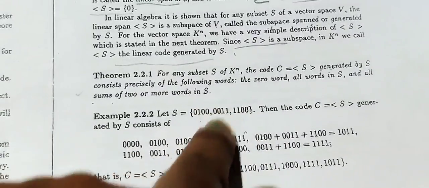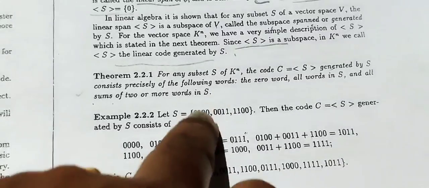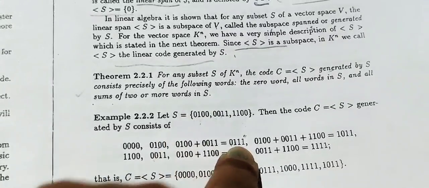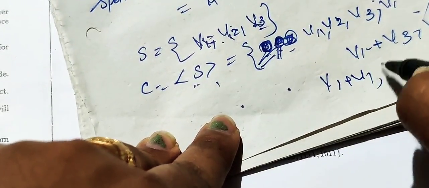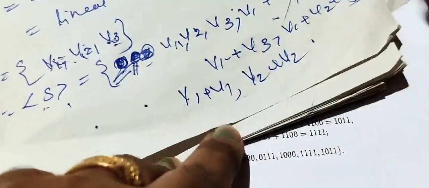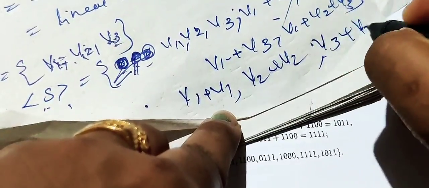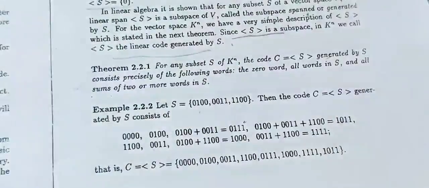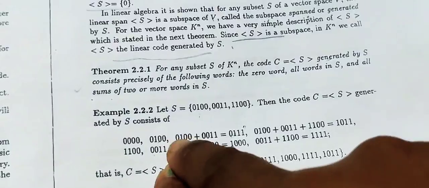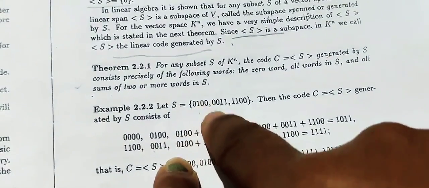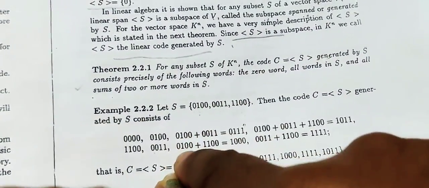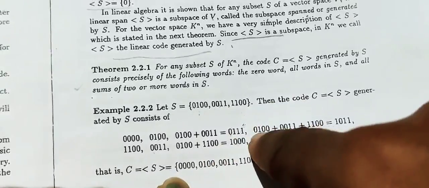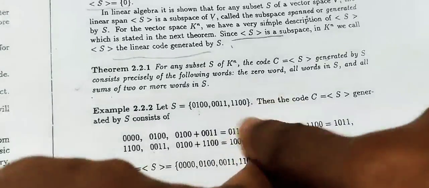Also V1 plus V1, V2 plus V2 and V3 plus V3 will be there. Okay, three sets will be in the span.